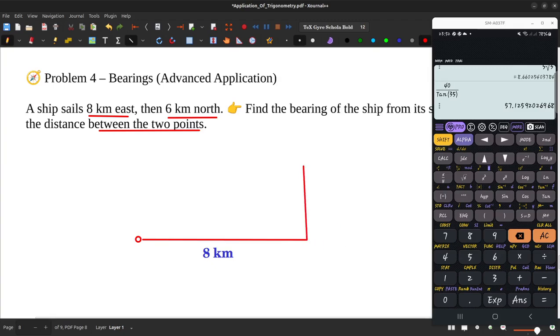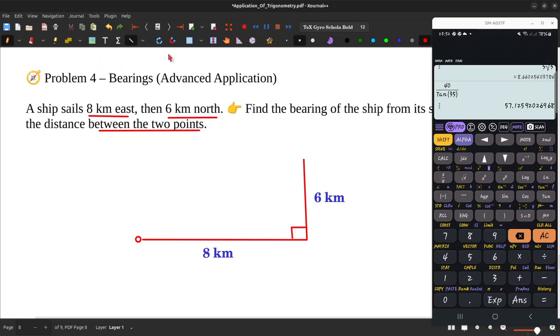From here, it's going straight north for a distance of 6 kilometers. Please note that east and north are perpendicular to each other, so it's actually 90 degrees here.